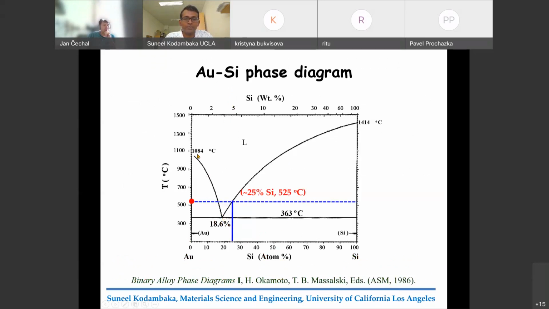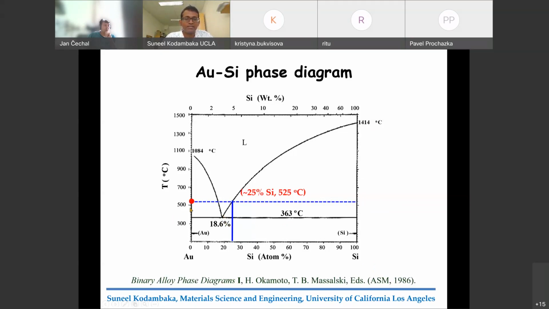Gold melts at 1084 degrees Celsius. Silicon melts at 1414 degrees Celsius. But this particular alloy melts at about 360 degrees Celsius. So anything above this temperature and with more than this amount of silicon, you can then grow silicon nanowires.